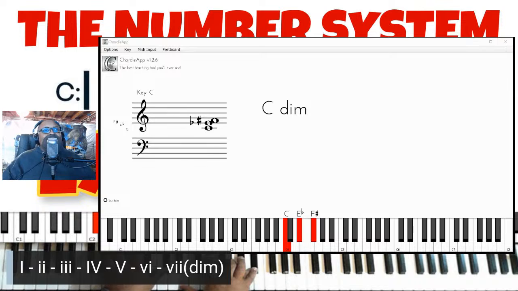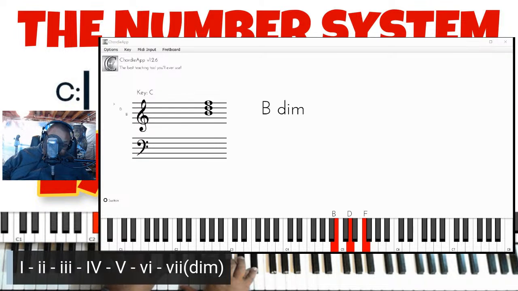In the 20 plus years I've been teaching music, I've never said double minor ever in my life. So I might need to copyright that just in case somebody tries to steal it from me. But yeah, just think of it as a double minor chord, okay? So in the key of C, B is your seventh note, so you're going to play B as a diminished chord, okay?